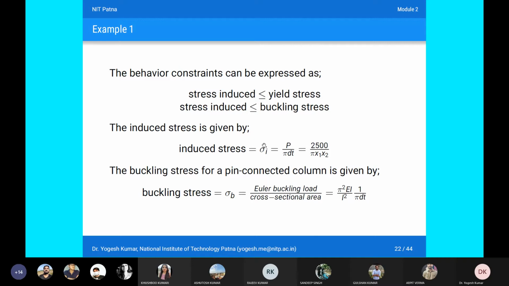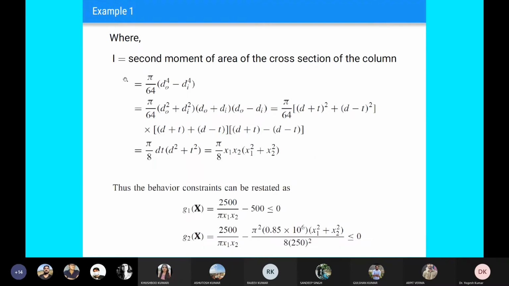We have standard formulas to calculate induced stress, yield stress and buckling stress. This way we calculated them, and using these constraints we were able to identify the behavior constraints G1(x) and G2(x).